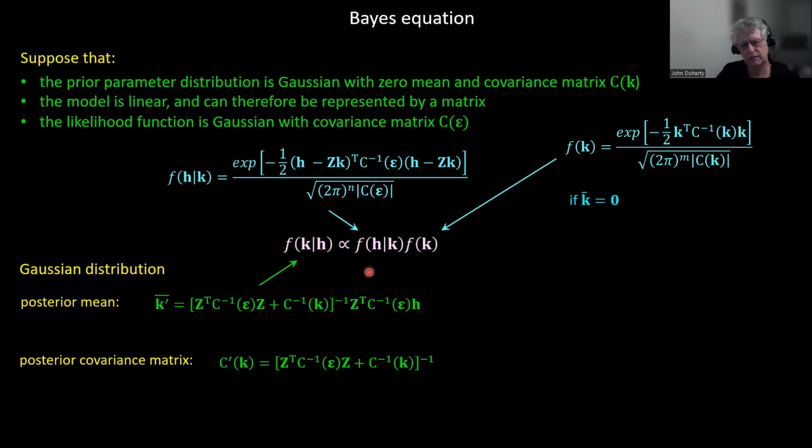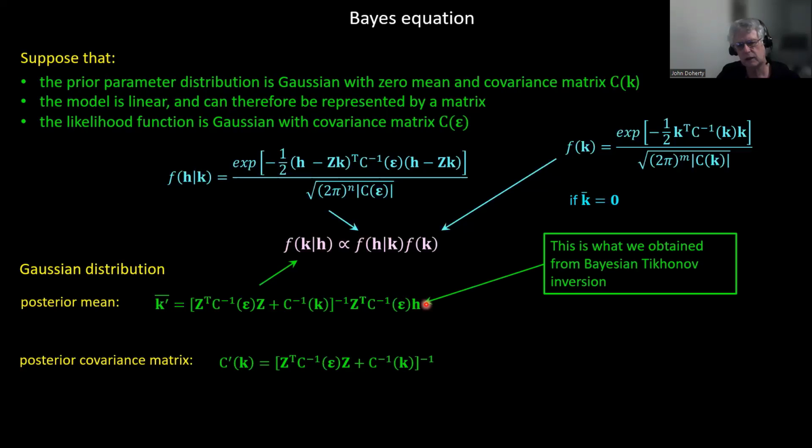It is relatively easy to show that the mean of that posterior is this top green equation, which you should recognize as the one that we derived last week for Tikhonov Bayesian inversion. The posterior uncertainty covariance matrix is this bottom green equation.